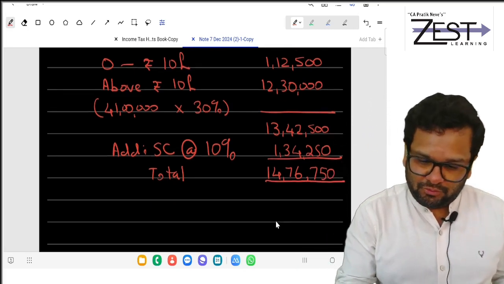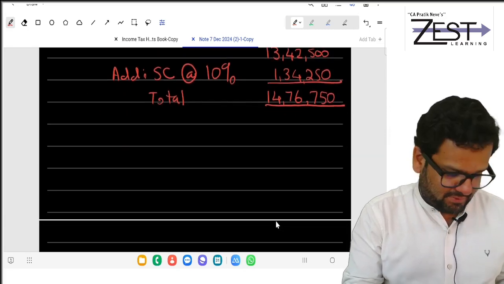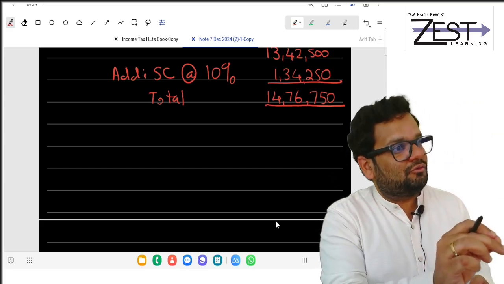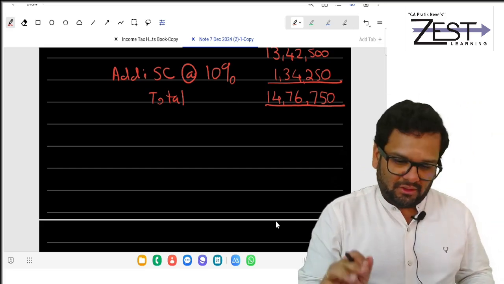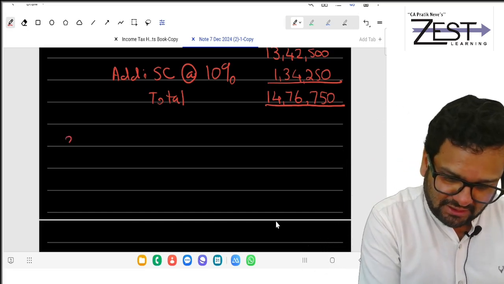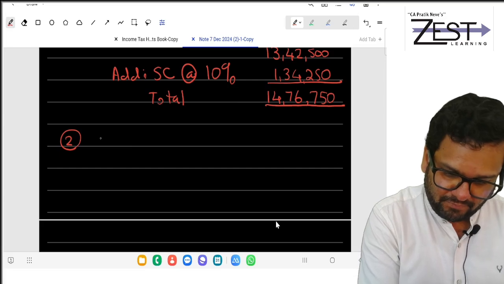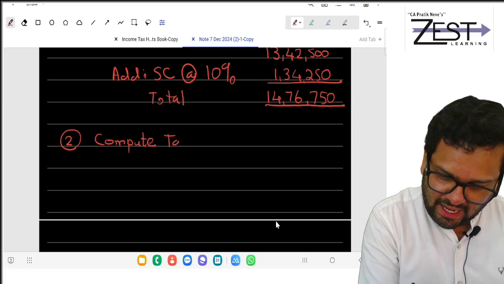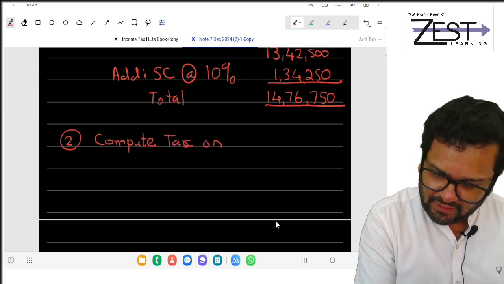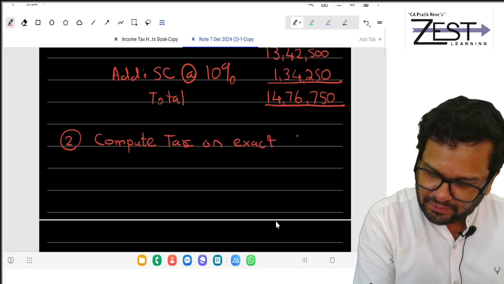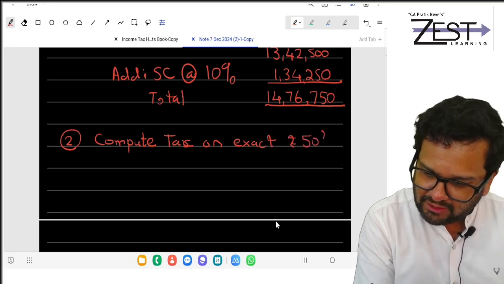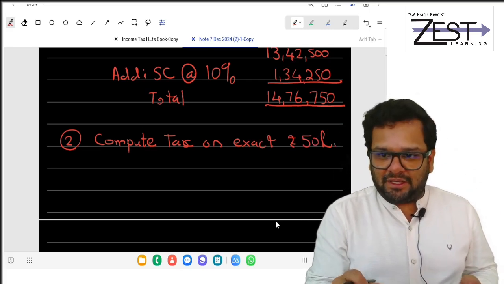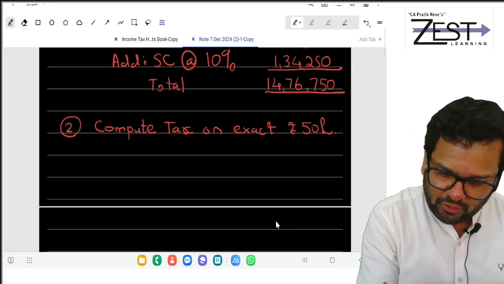So now what you have to do? Second step, you compute tax exactly on 50 lakhs. If your income was exactly 50 lakhs, then what would have happened? Why exactly 50 lakhs are we calculating? Surcharge wouldn't have become applicable. In that situation, what would have been your tax?